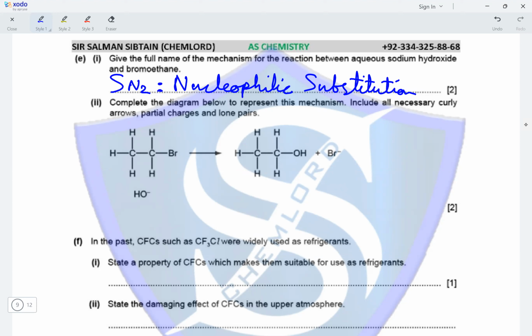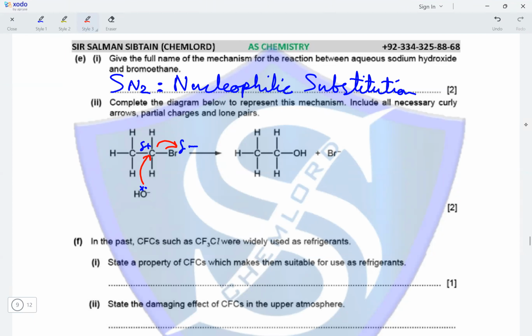So we would have a partial negative and a partial positive charge present on the carbon and the bromine atoms. We would have a lone pair of electrons present on the oxygen atom of the OH group, which would be attracted towards the positively charged carbon atom, which would result in the C-Br bond breaking.